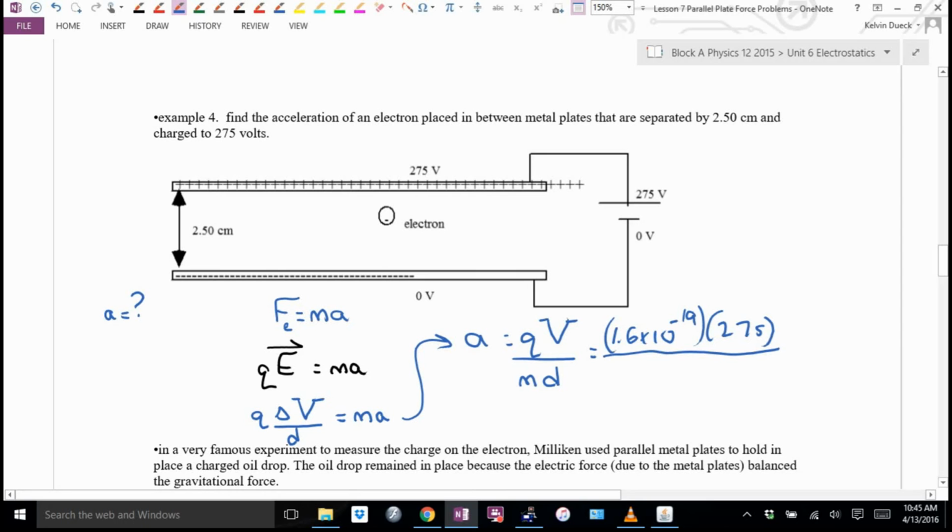I know it's 9.11, but I can't remember the 10 to the... I know it's negative as well. 10 to the negative... And the distance, please don't say 2.5. 0.025. Okay. Crunch the numbers. It's going to be big.